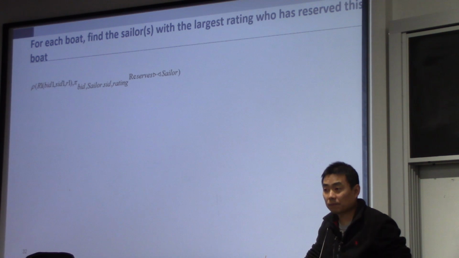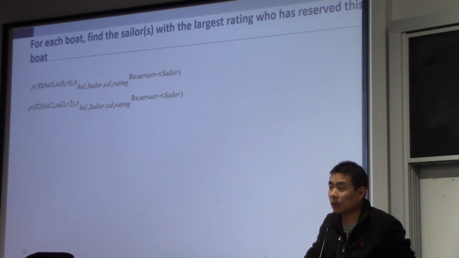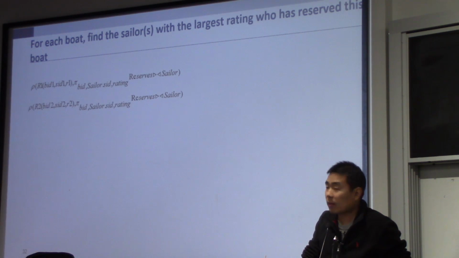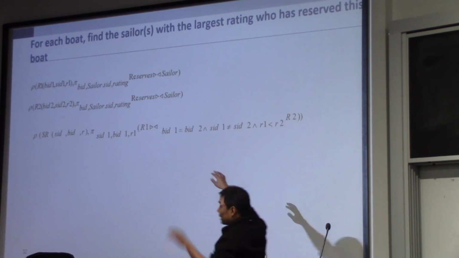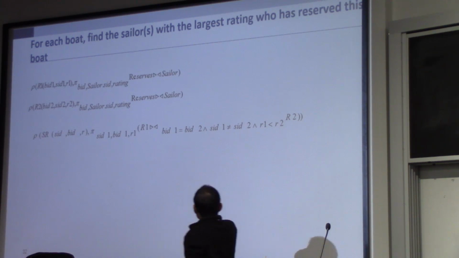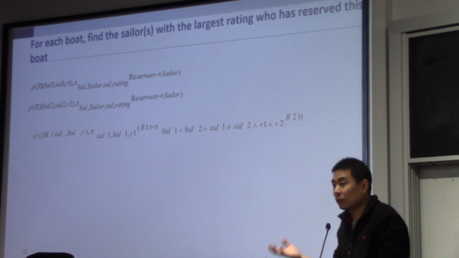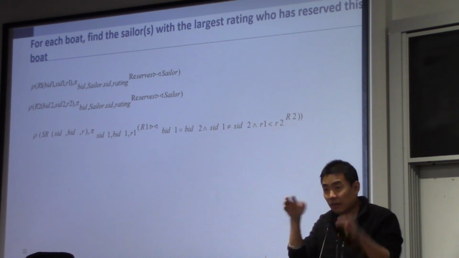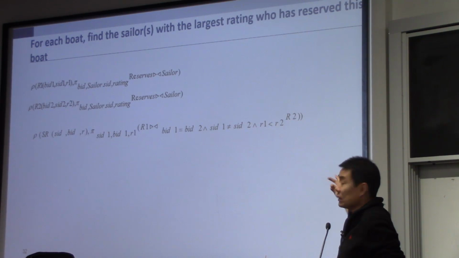Does that make sense? And you do the same for the same query again. Then you do a theta join of the two, where the condition is boat ID must be the same and sailor ID must be different. You're talking about different sailors on the same boat, so both sailors have reserved the same boat, and one has a smaller rating than the other.